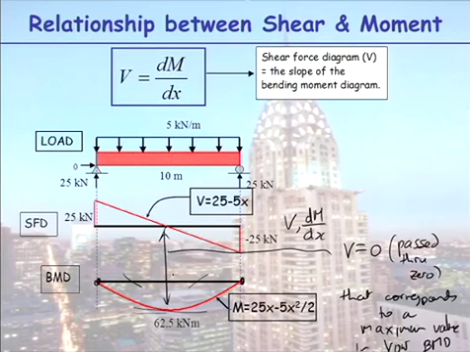So people here will try and draw, I'll get shapes like that for my bending moment diagram. And I say, does that agree with your shear force diagram? So all you have to do is come back to your shear force diagram and say my slope is 25, then it's getting smaller and smaller and smaller. Here my slope is 25, it's getting smaller and smaller and smaller. It's 0, then it's getting bigger and bigger and bigger. That is cool.